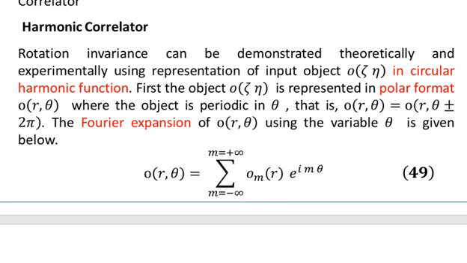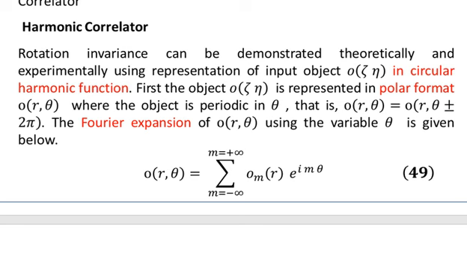The Fourier expansion of object O as a function of r and theta using the variable theta is given below, as given in equation number 49. So we have represented O as a function of r and theta, that is its polar representation, in terms of the Fourier expansion, which is the summation over m from minus infinity to plus infinity.